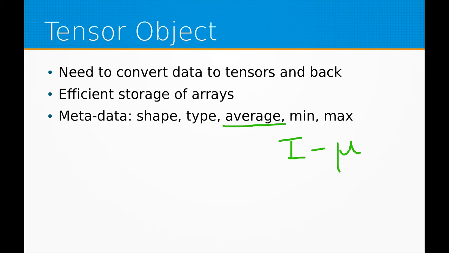This is one of the common pre-processing steps used in CNNs, like subtracting the mean. So it's better to have the mean for each of the tensors that you could use later on instead of computing it again and again. And of course, min and max if some other use cases might need it.